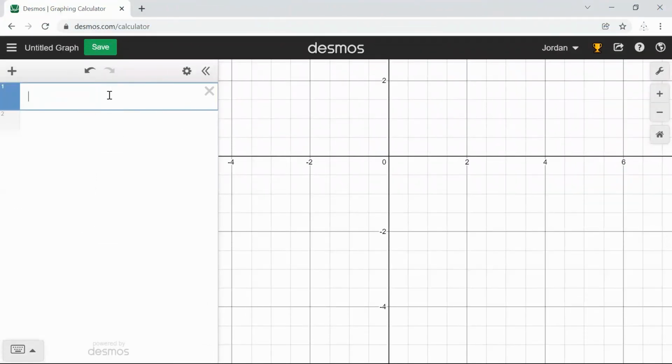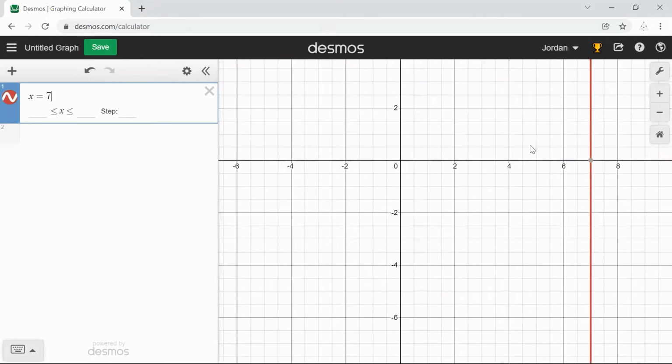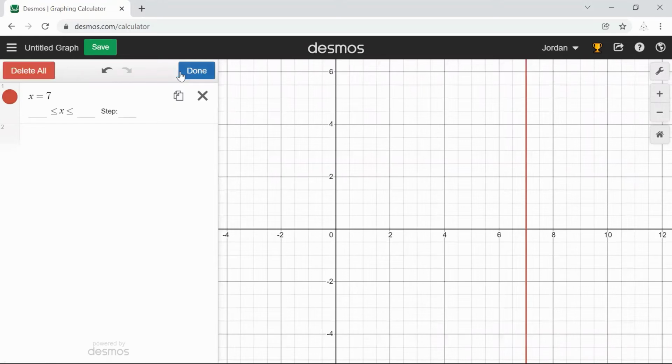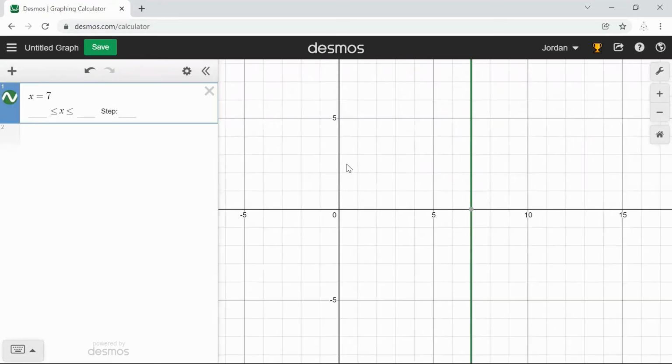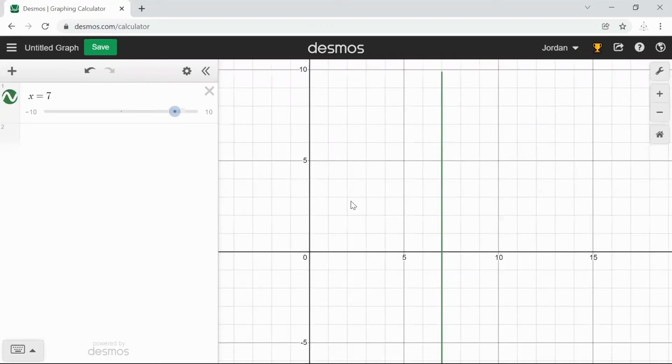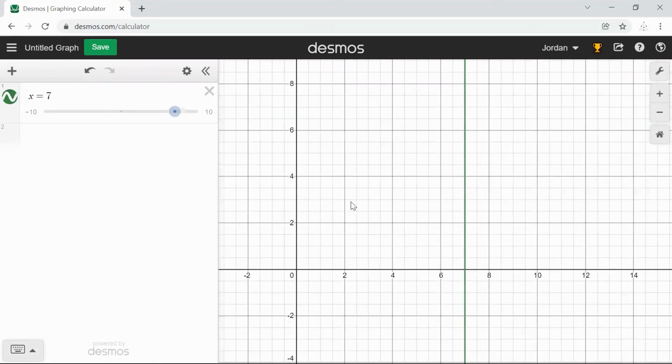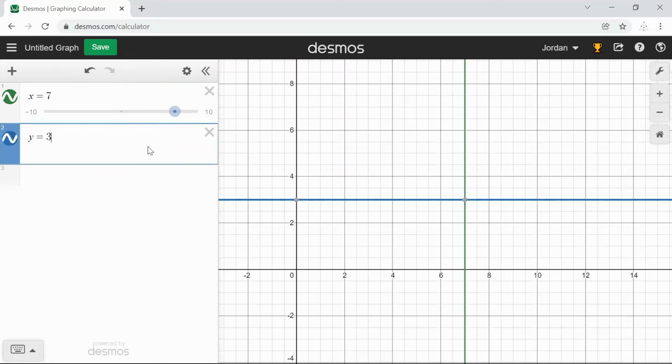So the vertical asymptote, x equals 7, is right there. Let me change that. I've been writing those in green, so asymptotes in green. There's no critical values or critical points. There is a horizontal asymptote of y equals 3.